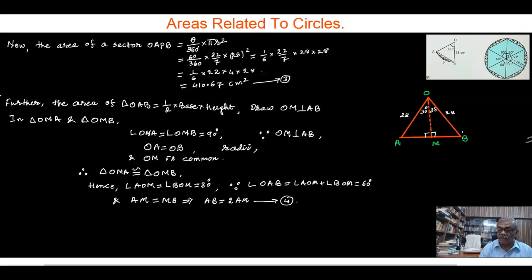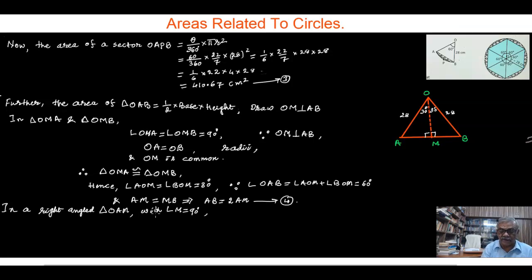AM equals MB, and therefore AB equals AM plus MB, that is AB equals 2AM. I call it equation number 4.